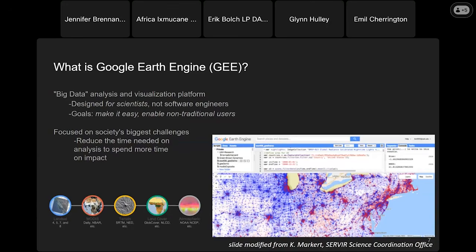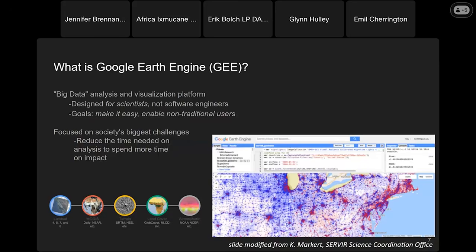The tagline from the colleagues at Google who developed Earth Engine is that they designed it for use by scientists and not software engineers, because for those of you who've been working with Earth observation data, geospatial data for a little while, you realize that working with big data sets can be challenging, and sometimes it requires a bit of expertise that we scientists might not otherwise have. That said, Google Earth Engine does make it easy and enables non-traditional users to interact with these different types of data sets.